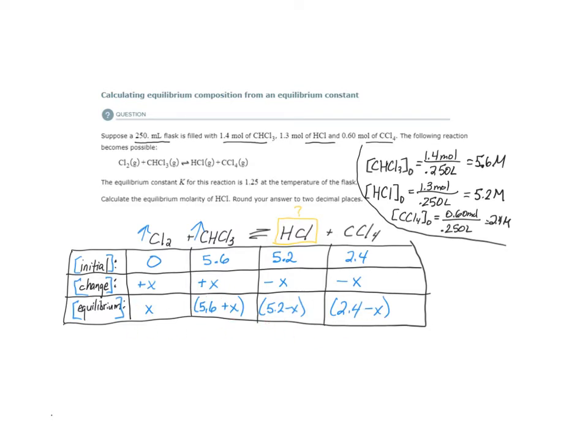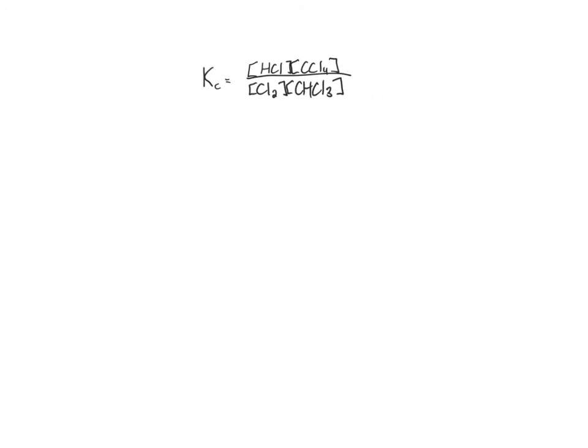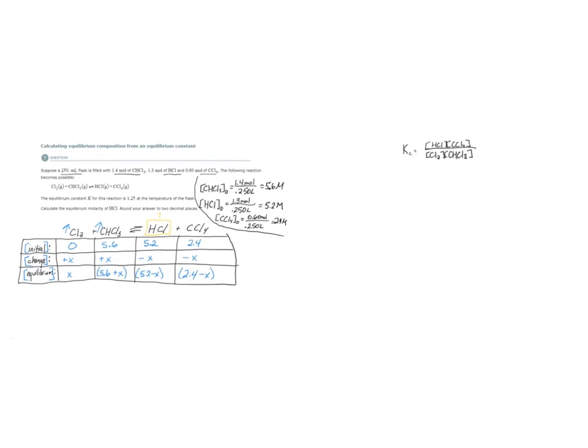So what if I took the given K, and what if I took what the equilibrium concentration for each substance is equal to, and placed these into the equilibrium constant expression? That's exactly what we're going to do. So we're going to write that Kc, which is 1.25, so we'll substitute that.